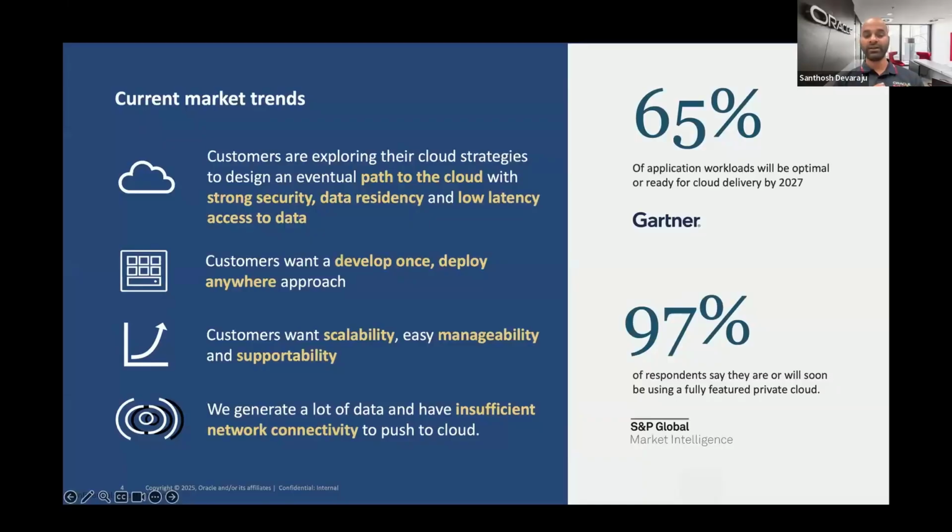This is where Oracle leads. Oracle Distributed Cloud delivers a unified operating model: public, sovereign, dedicated, edge. Together with RackWare, we meet workloads where they are and move them on your terms, accelerating migration and resilience while reducing risk and complexity.